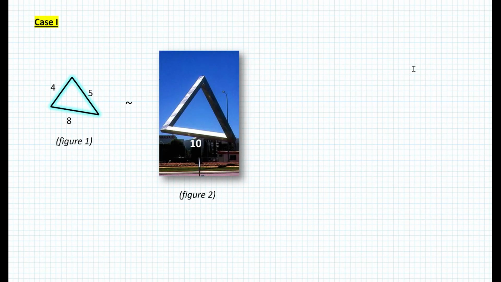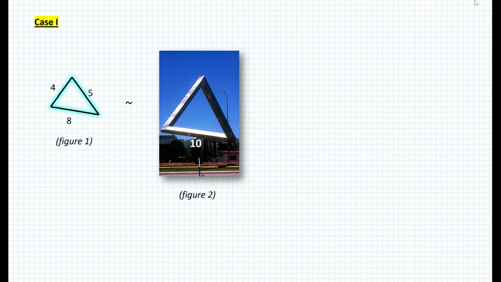Let's assume that the triangle in figure 1 has sides 4, 5, and 8 as shown in that order. And in figure 2, let's fix one of the sides to be 10, which is the bottom one. So how do we find the perimeter of this triangle in figure 2? Well, it is given in the problem that these two triangles are similar.